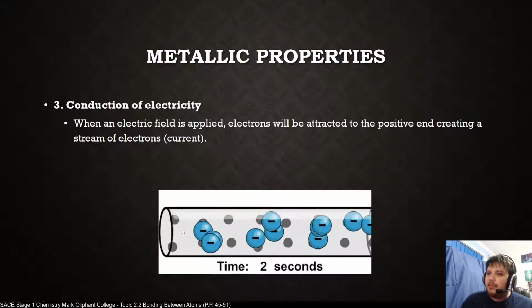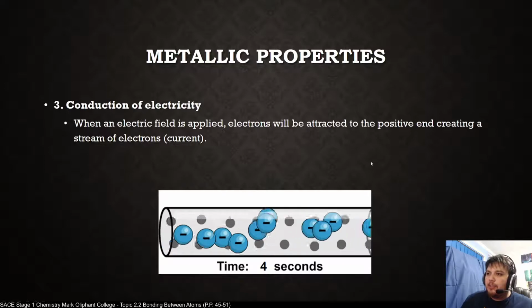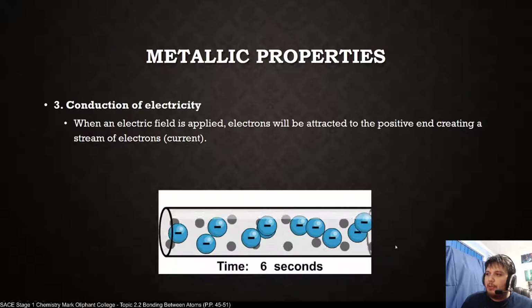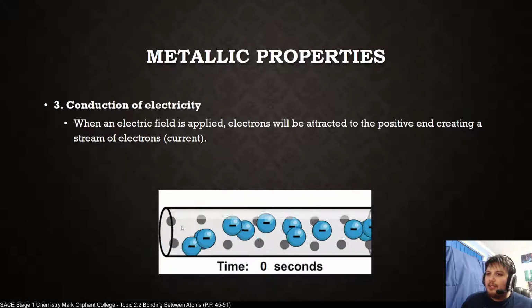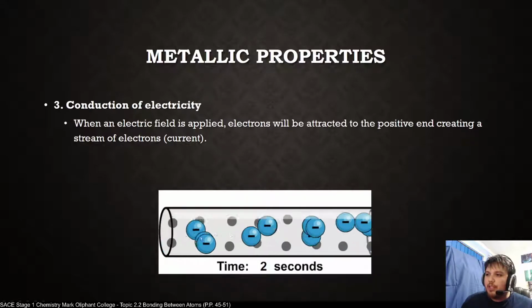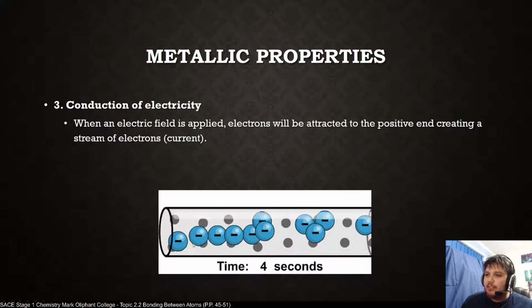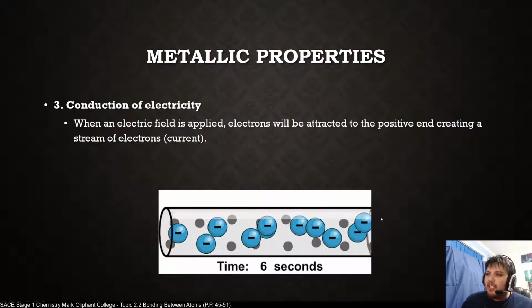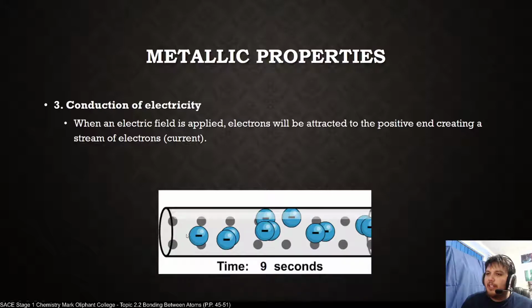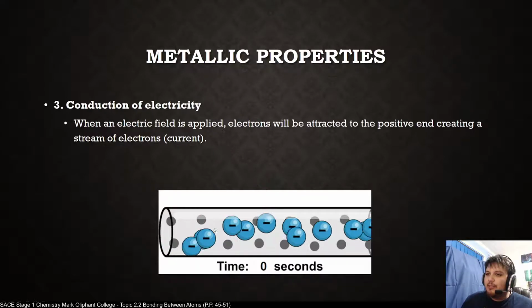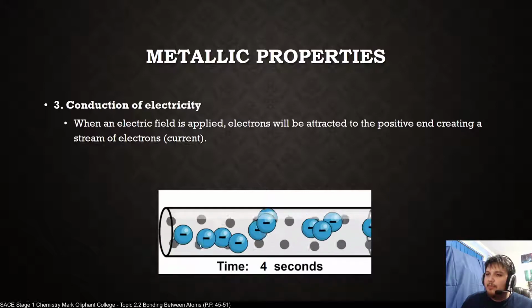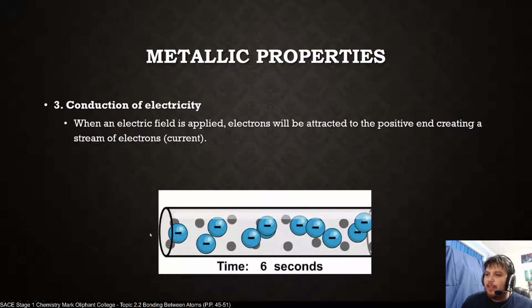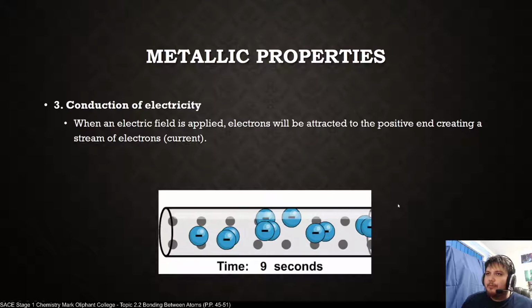So when we hook this up to a circuit, we can have one positive side and one negative side, and obviously our electrons are going to be attracted to our positive end, because positive and negative attract. So we just get electrons going through the metal. Our cations are going to stay in the same place, and our electrons are just going to move.